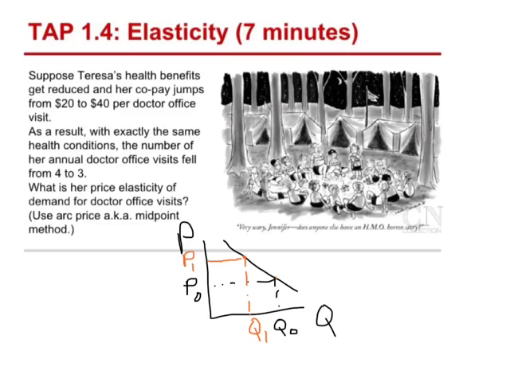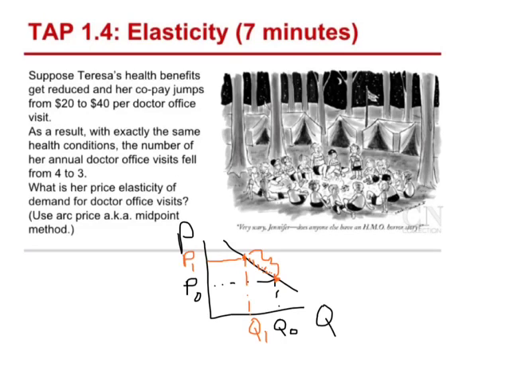So notice that as we move from this point to this point, we're moving along this stretch of the demand curve. And really, we're talking about a characteristic of this portion of the demand curve. And if we're going to use the base as Q0 or the base as Q1, we're going to get a distorted picture of what things look like.